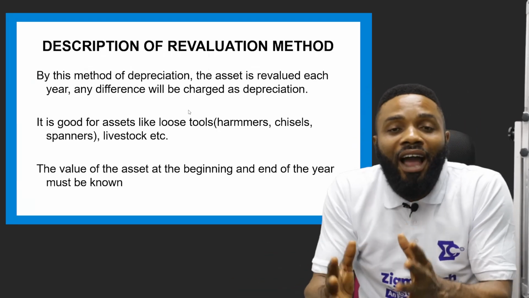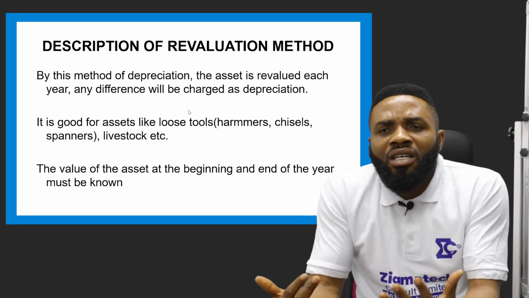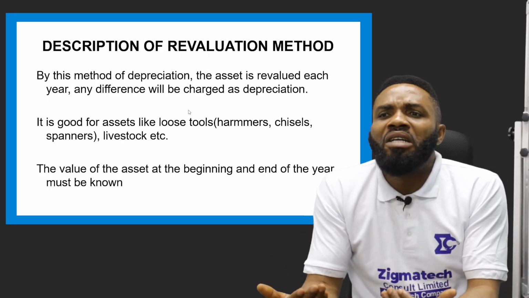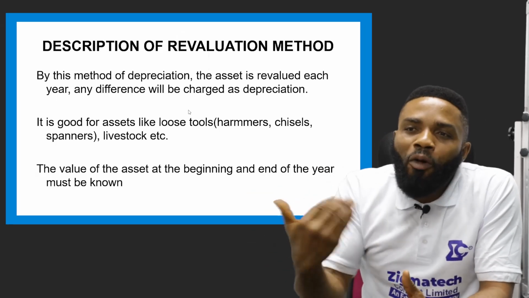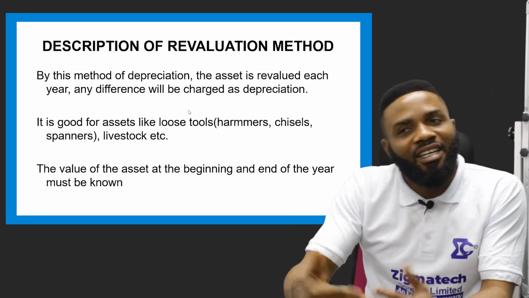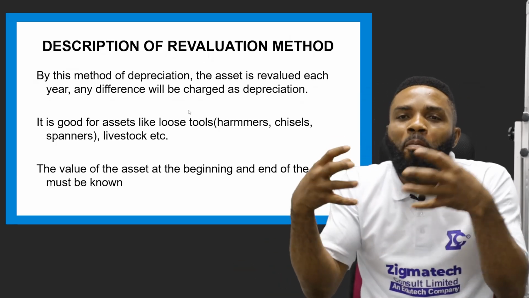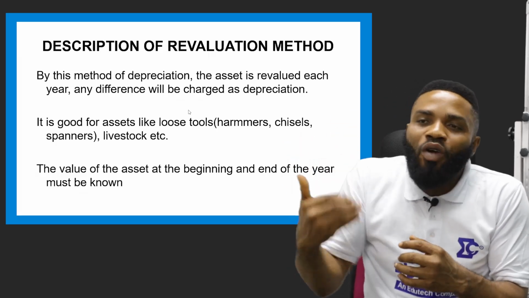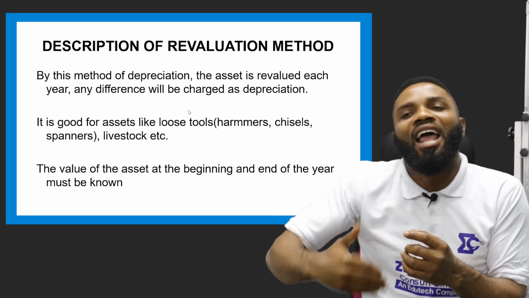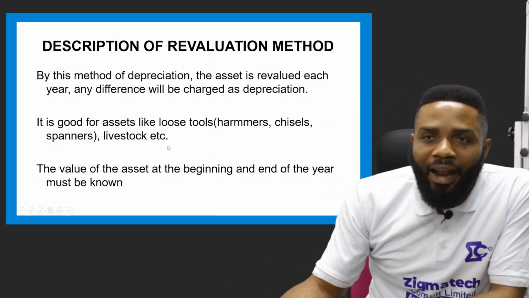That's the same way an asset in an organization can also be old. So organizations should not just buy an asset and begin to use it without a prediction of the number of years that asset can last in the organization. So when this is done, you must compare the cost of the asset with the value at which you can sell that asset at the end of the asset's useful life.